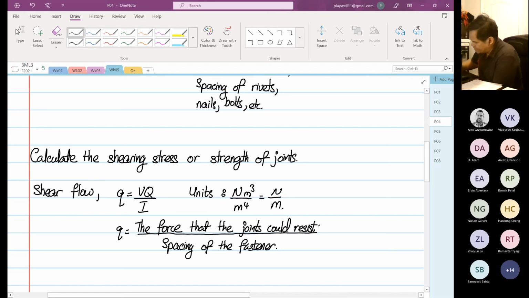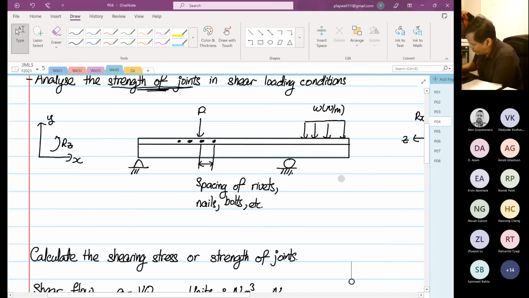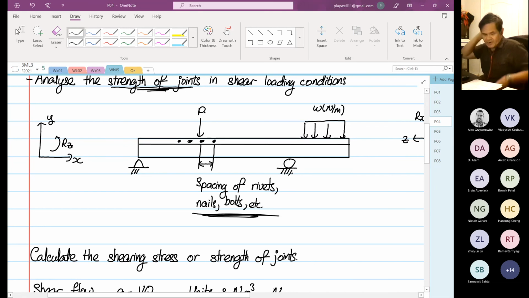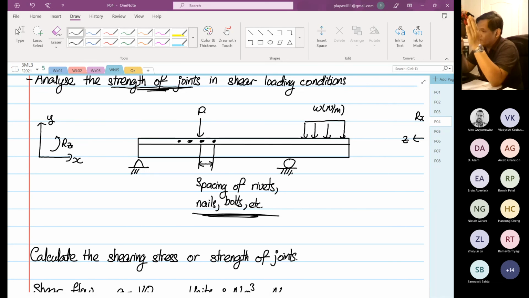And you've seen the spacing of the fastener before is basically this spacing. So this analysis will help you determine what is the spacing that's required.